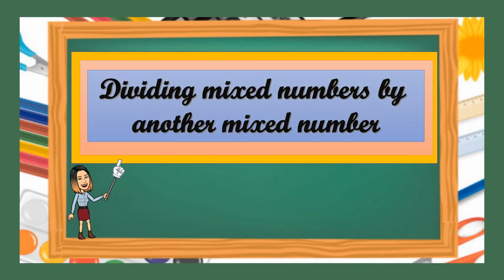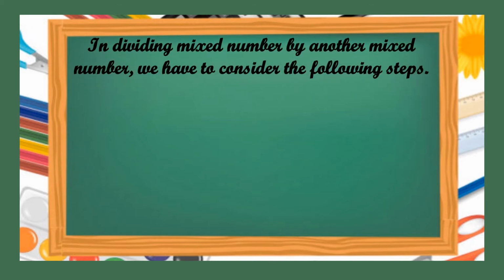Dividing mixed numbers by another mixed number. So, kanina, we studied dividing fraction by a fraction. So, now, dividing mixed number by another mixed number. In dividing mixed number by another mixed number, we have to consider the following steps.